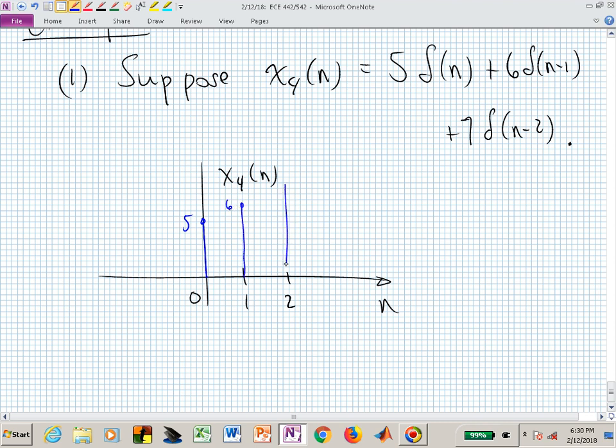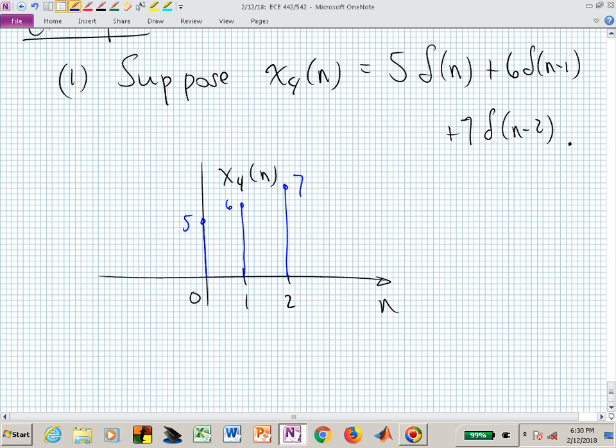And it's going to be 7 there. Is that true? I don't care about the widths. They're delta functions. Delta of n, in the time domain, they have amplitude of 1. So in discrete time, it's not as critical.